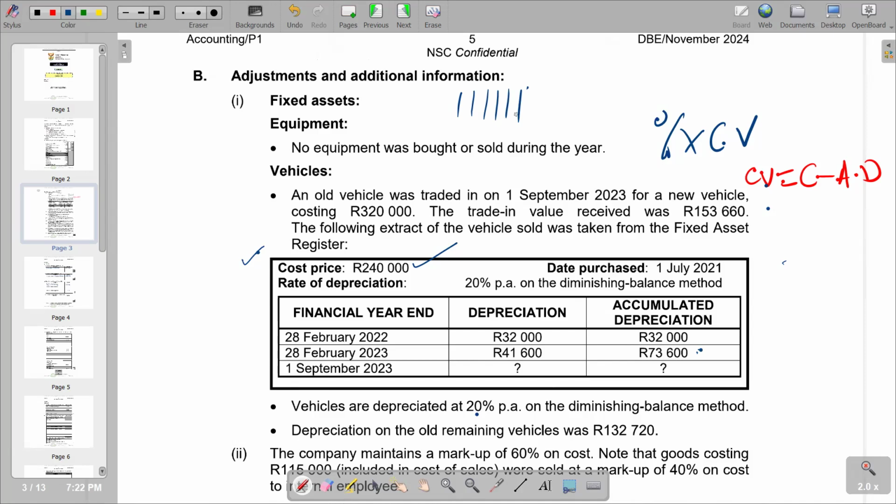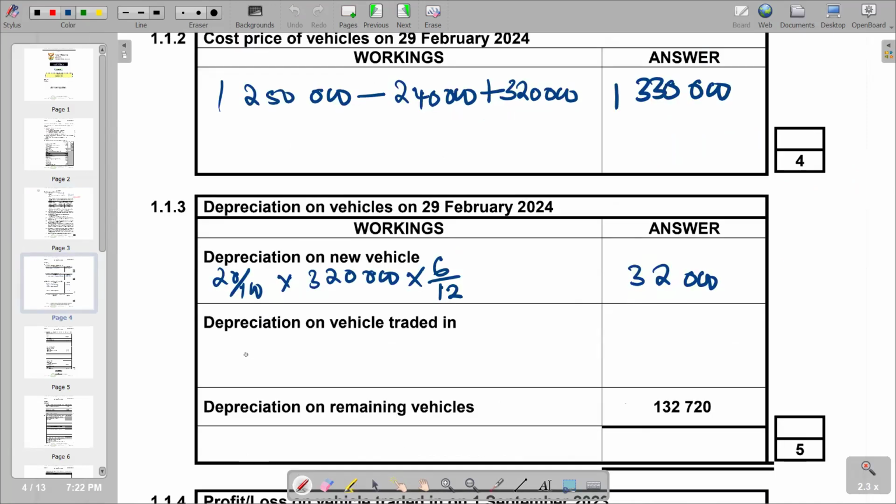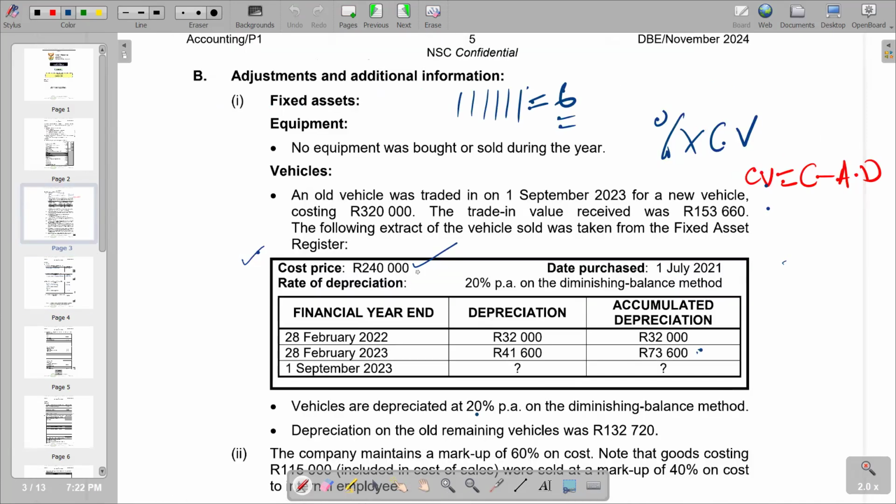So we've got 1, 2, 3, 4, 5, 6. So we have got six months. So the answer that we get, we multiply by 6/12. So we present it as such, whereby we are saying 20%, which is 20/100, and then we multiply by the difference to get the carrying value, whereby we said it's 240,000 minus 73,600.